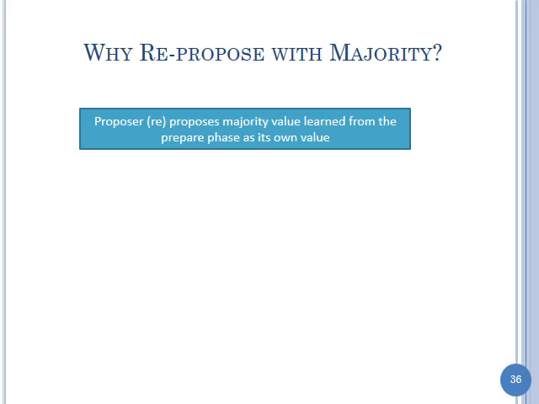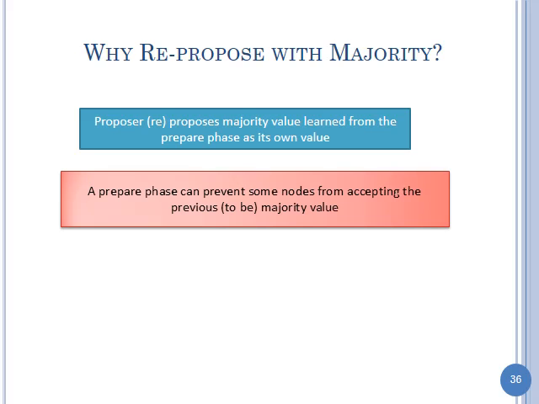So a question at this point is, why repropose a majority value? Why not just not propose anything? In that previous example, that made sense. But the reason we gave was that a prepare phase can prevent some nodes from accepting the previous majority value. So the majority value may not have percolated everywhere.